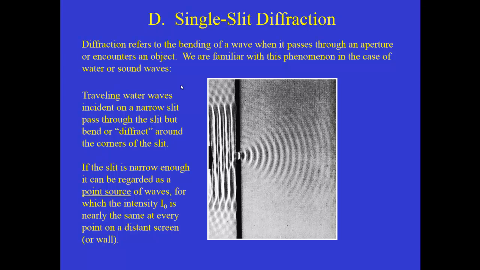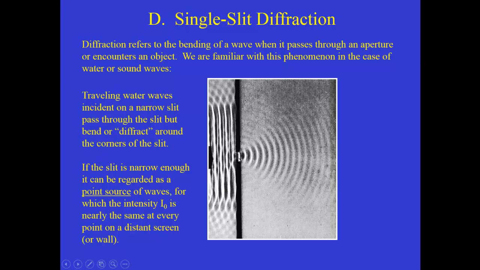We should already be familiar with this kind of phenomenon in the case of water waves or sound waves. And here's an overhead view of a water tank where a ripple is created by a wave coming in from the left and encountering this obstacle that has a very small opening in the middle.